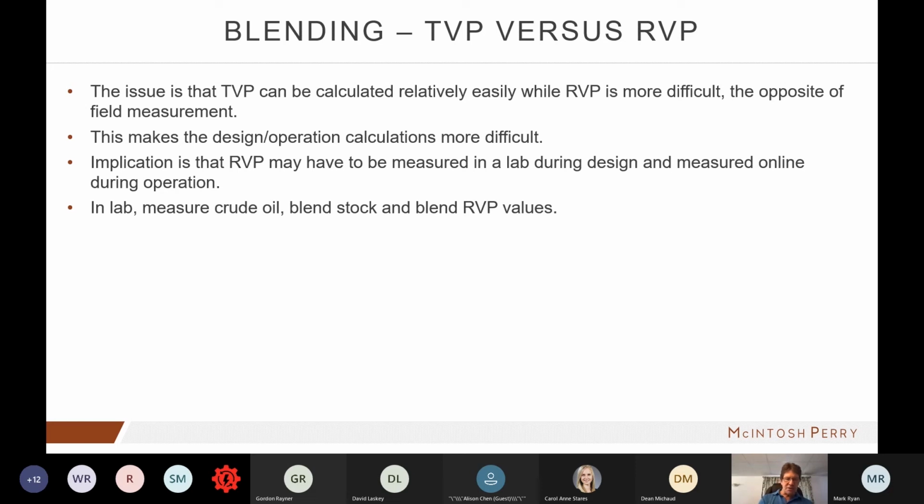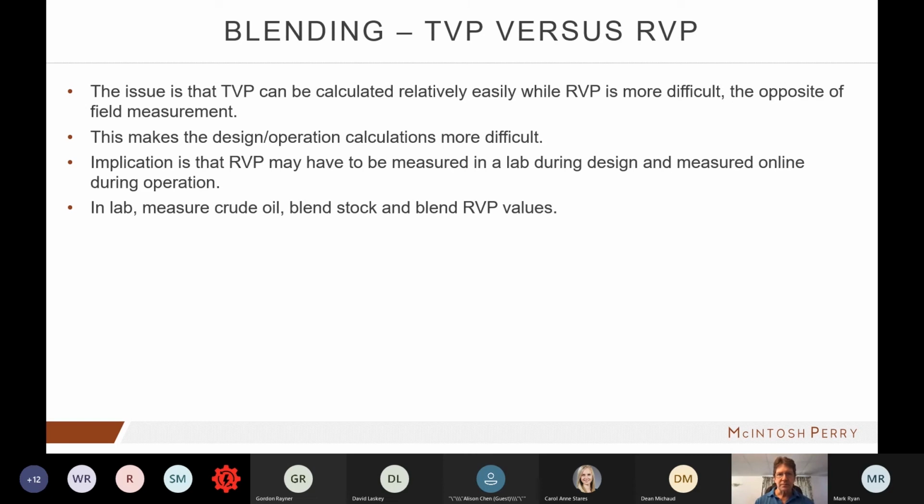If you're going to do any lab measurements, what you want to do is measure the RVP of the crude oil itself prior to the blend, and then the blend stock itself and the blend. So you would want to get really 3 lab measurements of RVP. Minimum 2, which would be the crude oil and the blend itself, because the blend stock, you might actually be able to predict the RVP reasonably well, or just work backwards, actually.